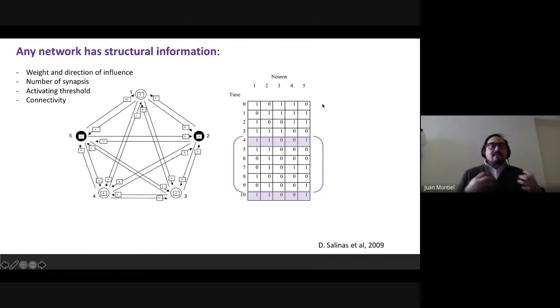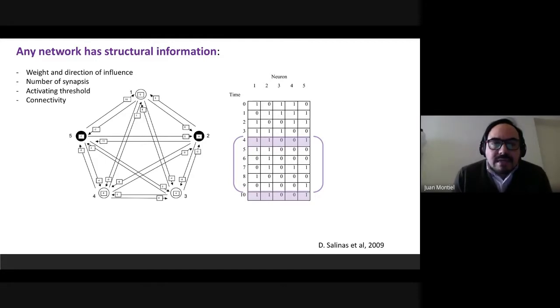What the students have to do is record the influence that every other neuron has over them, compare the sum of the influences with their state, and then transit, move to the next time, to the next stage of the network dynamic.